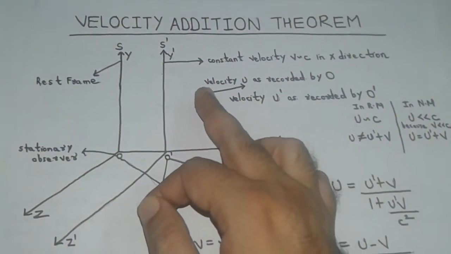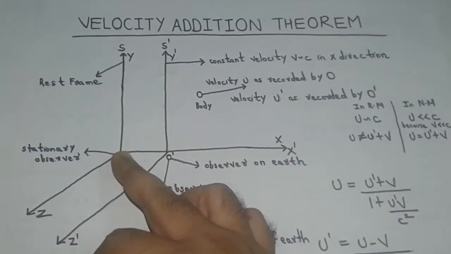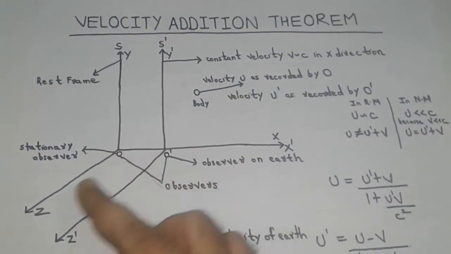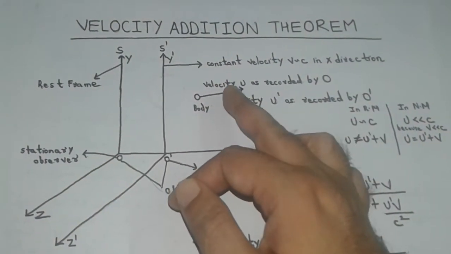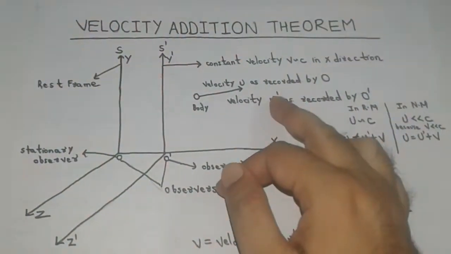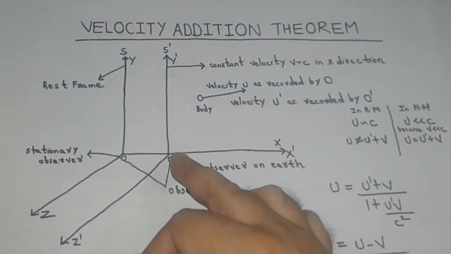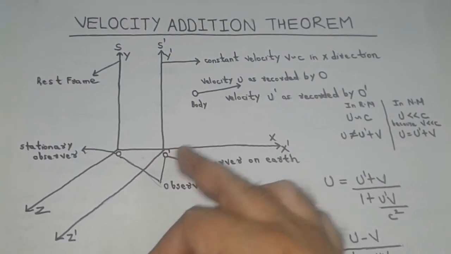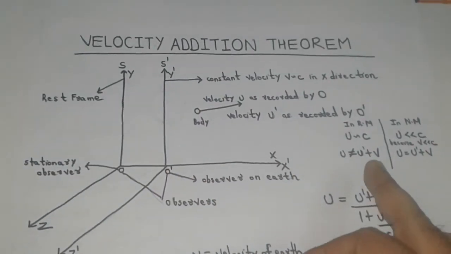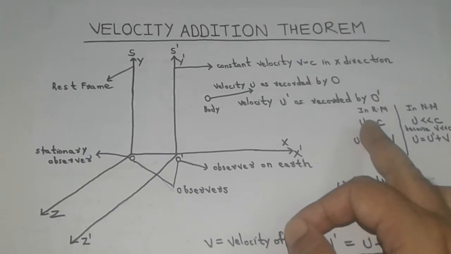Since the velocity of body U as recorded by observer O in frame S is very high, comparable to velocity of light, hence the relative velocity of body U dash as recorded by observer O dash in frame S dash will not be equal to U minus V in relativistic mechanics.